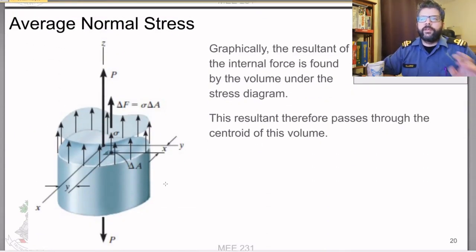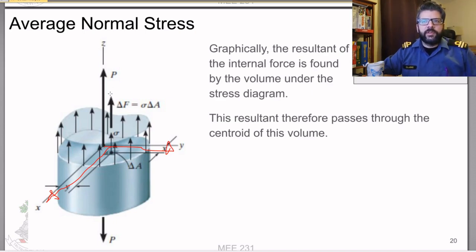So if we're looking graphically, if we have this cross-sectional area here, and we've got this stress function going on here, this distributed stress load, which is going to be a function of the position on the face in X or Y, then the magnitude of that resultant is going to be found by the total volume under that stress diagram.